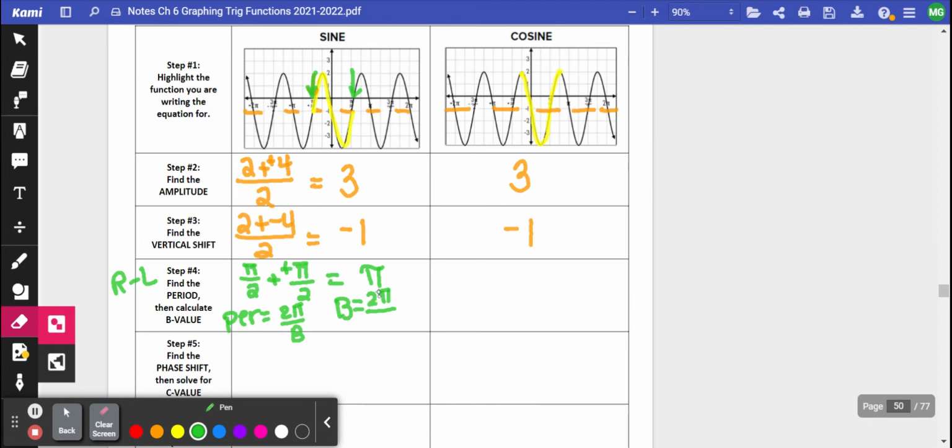So b equals 2 pi over the period, which in this case is pi. And that means that our b value is 2. Now again, if the b value is 2 for this function, this is the same thing. So the b value is also 2.